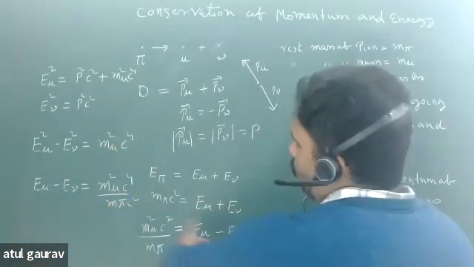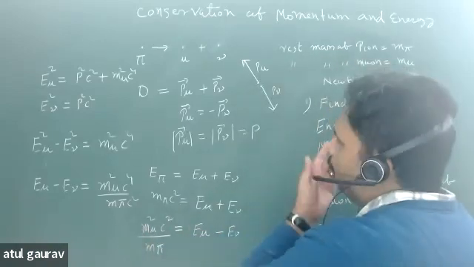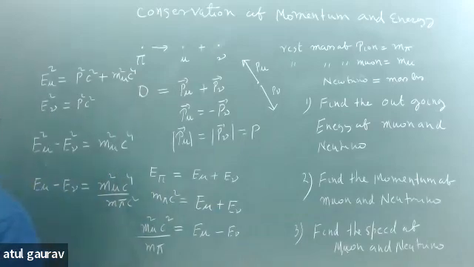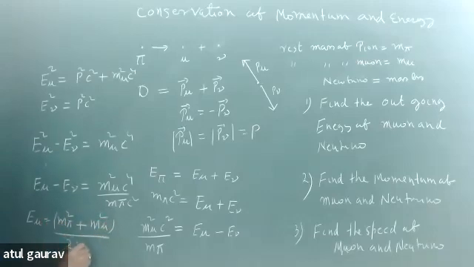Once you add it, and again subtract it, you can get the final answer. So this is very simple. You get E mu is equal to M pi square plus M mu square upon 2M pi C square. Similarly, E nu is equal to M pi square minus M mu square C square upon 2M pi. Is it visible to you?